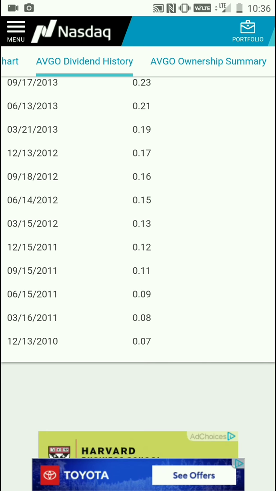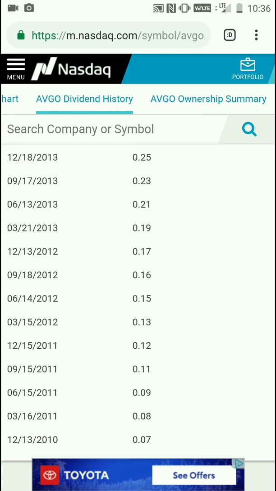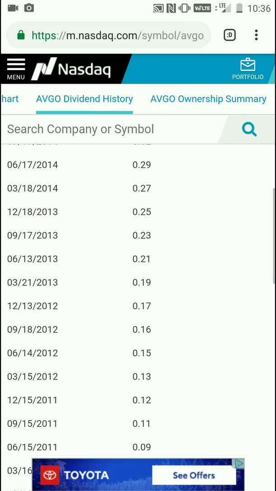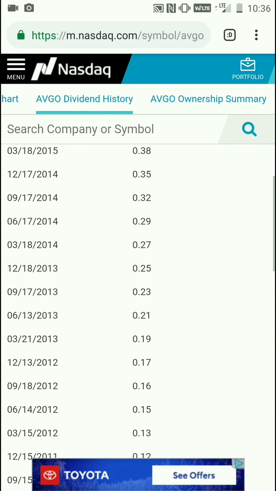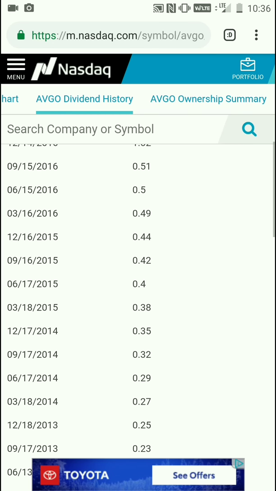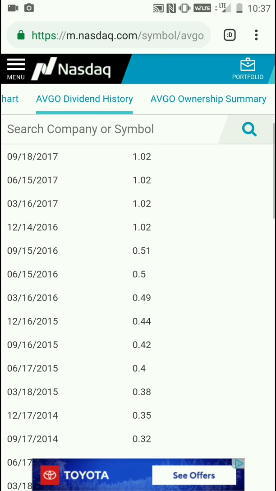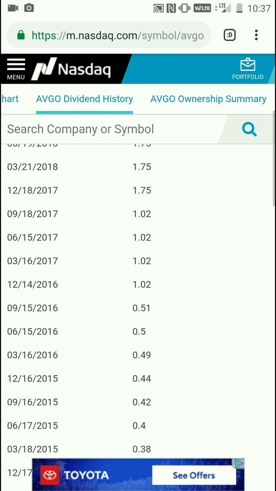We see in 2010 it's 7 cents. As we go to 2012, 13 cents, and then we reach 25 cents, and then all the way to 2015. They're constantly increasing the dividend, which is a very good sign.